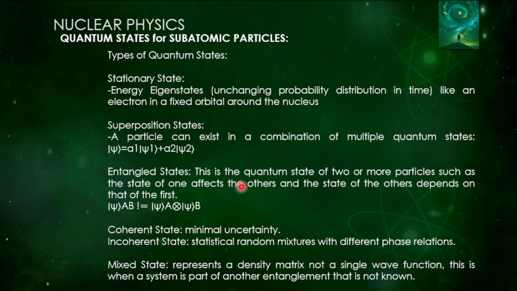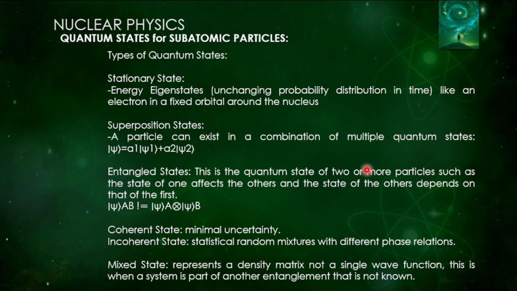Entangled states: this is the quantum state of two or more particles, such that the state of one affects the other. You have, let's say, two or more particles. The state of each particle cannot be described without the states of the other particles, because each particle's state affects the states of all the other particles.